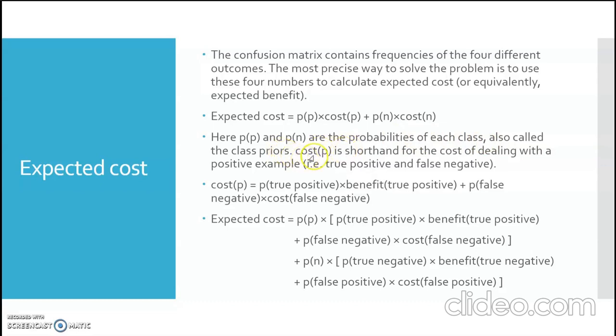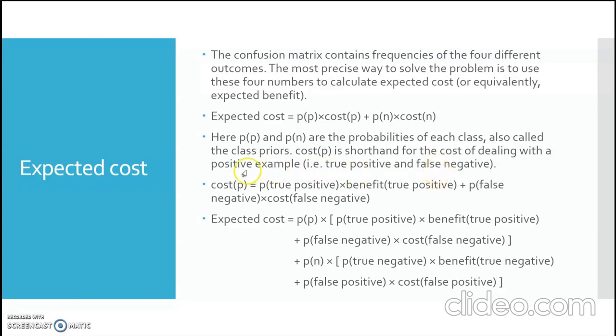This symbol is a shorthand for the cost of dealing with a positive example, which covers true positive and false negative. Because they are positive examples, though for false negative, our algorithm or we ourselves predicted wrongly. They are actually positive, but we falsely predict them to be negative.